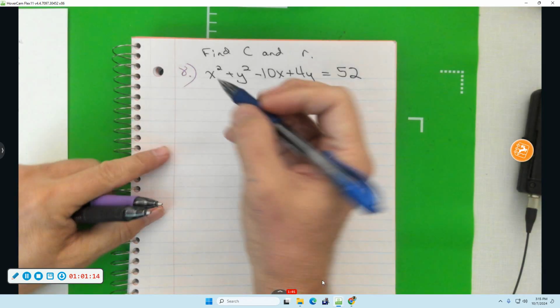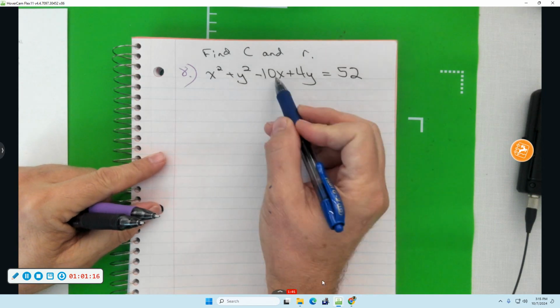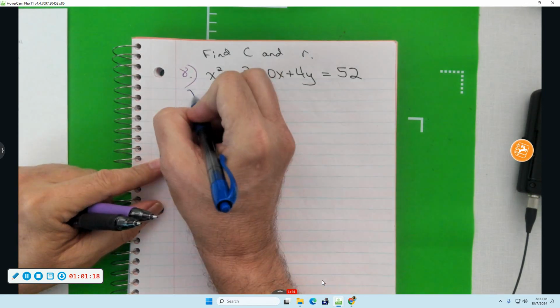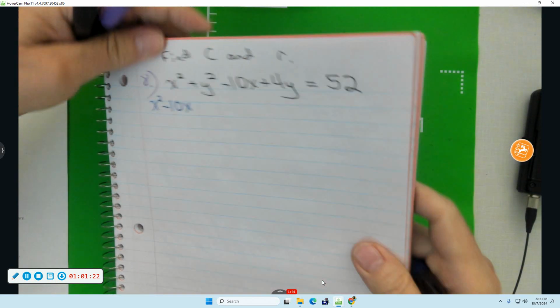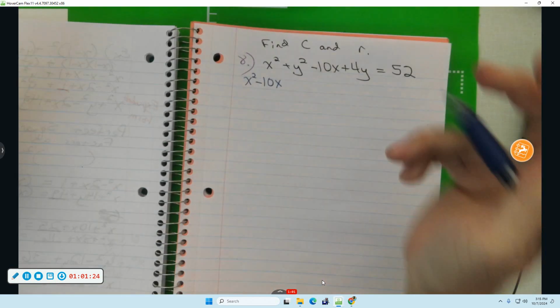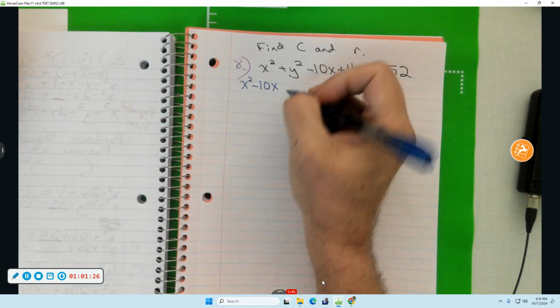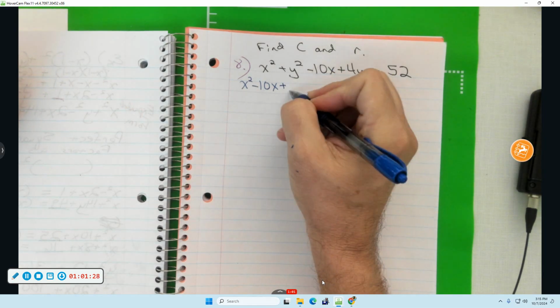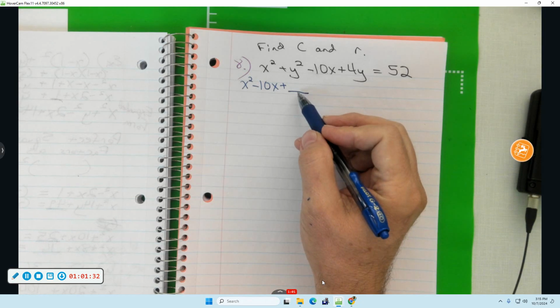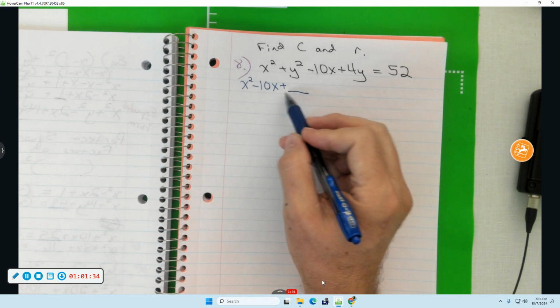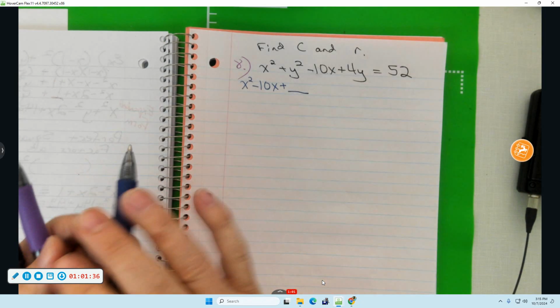We're going to group our x terms together. X squared minus 10x. I'm going to do more than just group them together. I know I need a number added in there to create a perfect square trinomial. So I'm going to put my little plus space.